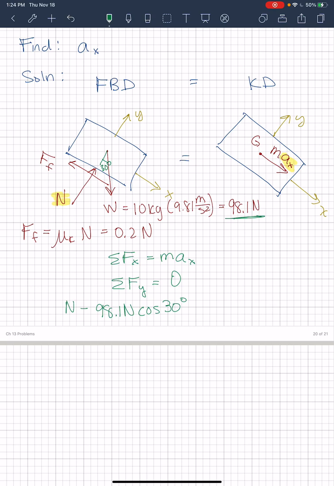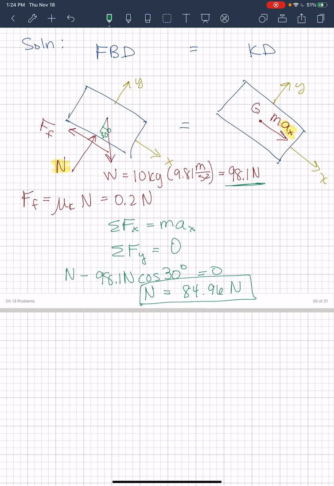And then the force due to friction is in the x direction, so we don't have to worry about that one. That equals 0. And so N is going to equal 98.1 times cosine of 30, which is going to equal 84.96 newtons. It is kind of confusing with the N and the N, but the normal force is going to equal 84.96 newtons.